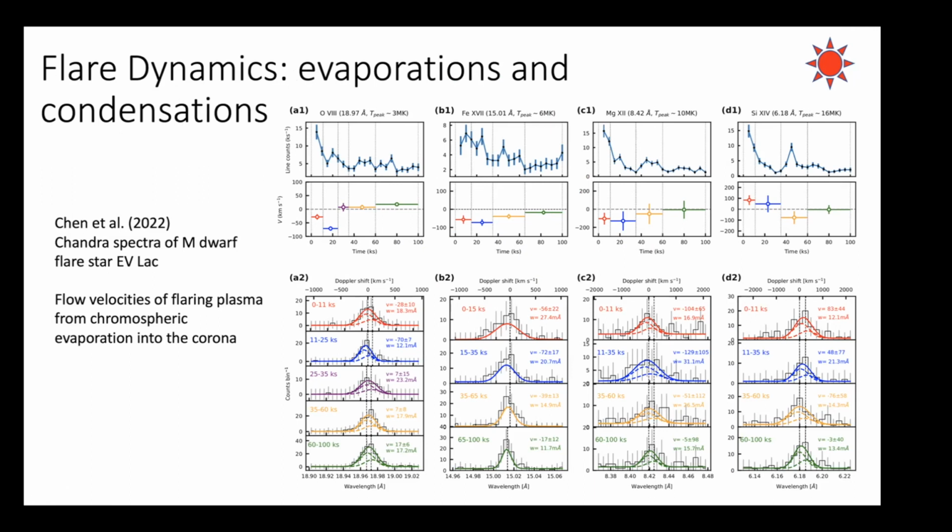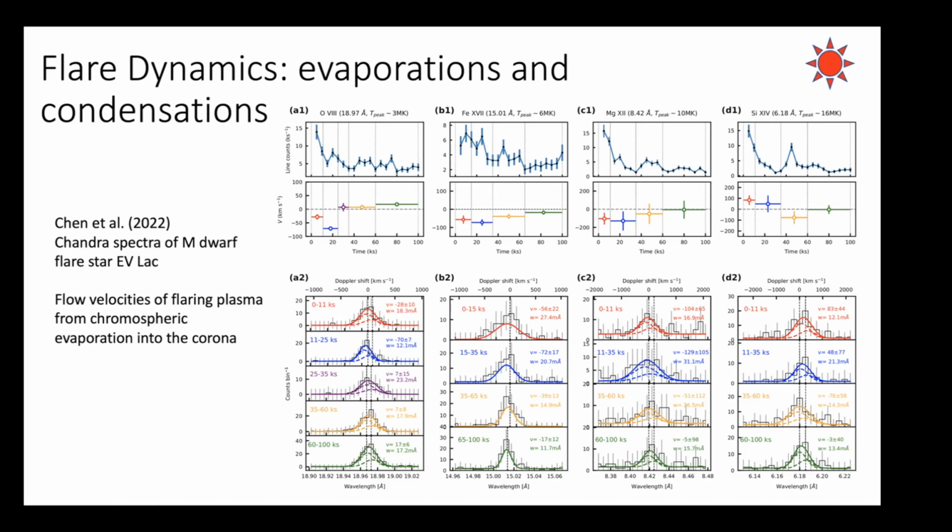The second row is a summary of the flows that are seen in that emission line. And then the series of panels on the bottom show the individual timestamps and the stationary and the non-stationary velocity components that were derived from Chandra.